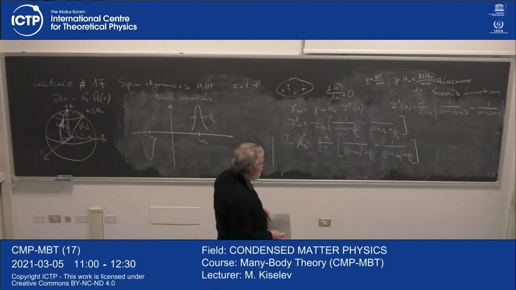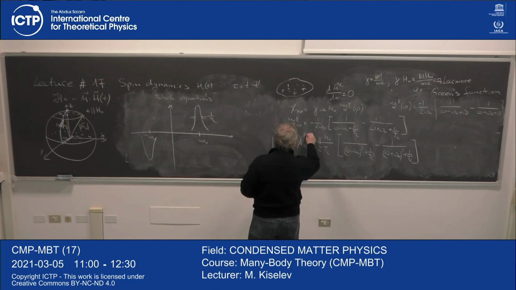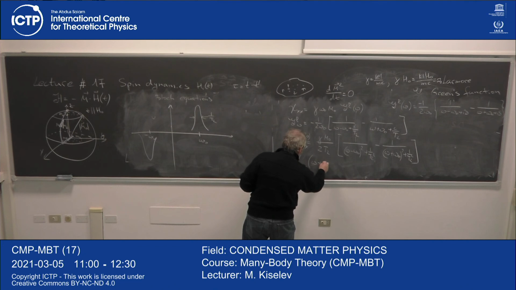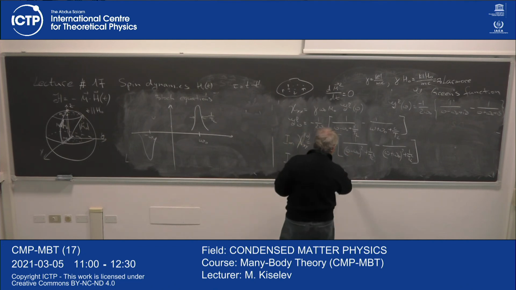The task which I give to you as a homework: I need to join somehow these two Lorentz cells, and if you analyze the behavior of the imaginary part of chi xx as omega goes to 0, you can do it directly from this equation. I ask you to show that this is proportional to omega.